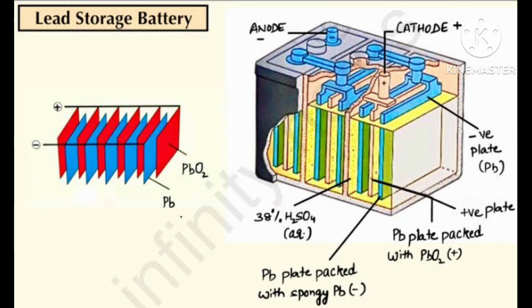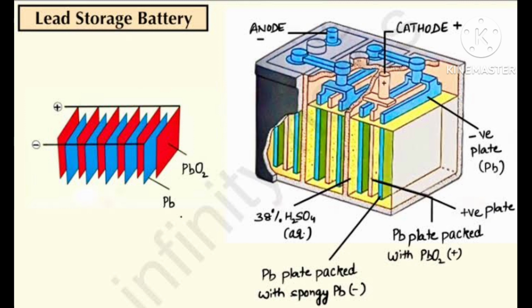This I told: anode, cathode and electrolyte. Now what are the reactions? At anode, what will happen? At anode, lead plus sulfate ion. From where will the sulfate ion come? The sulfate ion will come from sulfuric acid, H2SO4, which gives 2H plus and SO4 2 minus.